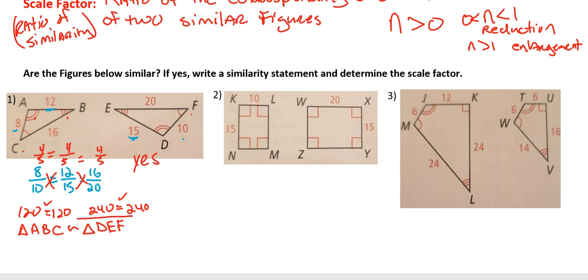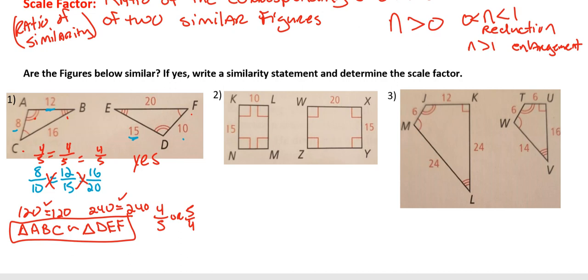So that would be my similarity statement, making sure the order is lined up. And then my scale factor, again, because there's no specific direction, it could either be 4 over 5 or 5 over 4. Both of those would be acceptable.